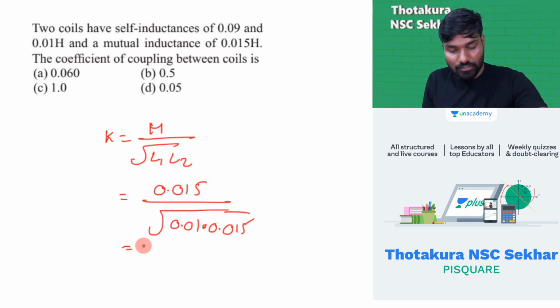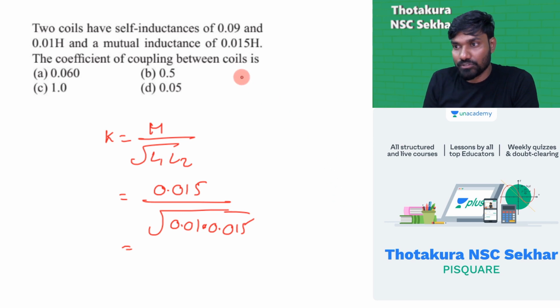Let me just quickly solve it. 0.015 divided by square root of 0.01 into 0.015. Oops, we're getting something more. Oh, self-inductance is, I did wrong. M value is 0.05, that's fine.